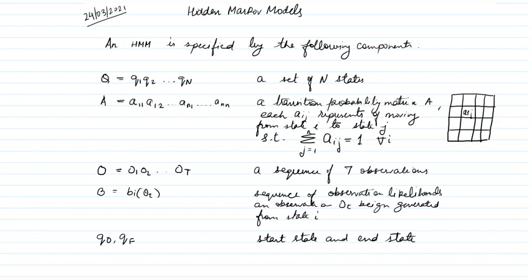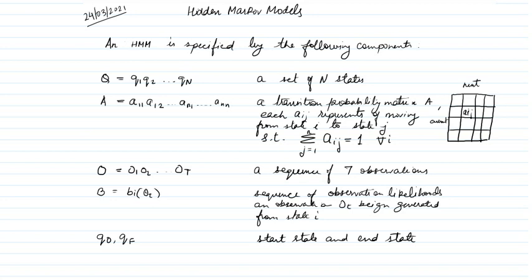At this point, this is the current state and this is the next state. So it is moving from this state to this state. So this is the probability of that.